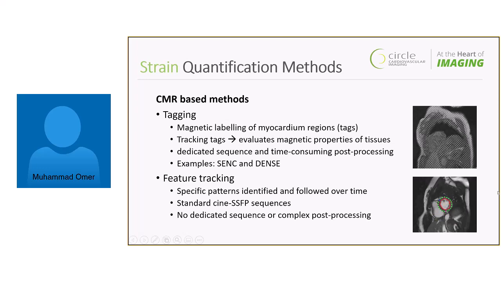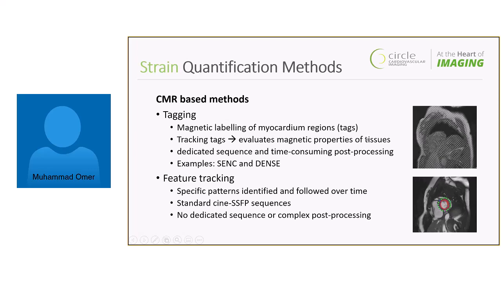In terms of the cardiac magnetic resonance-based methods, there are two types of techniques that quantify the myocardial contraction or deformation. One method that's a gold standard or reference standard is called tagging. On the right side, you see the tagging images, where we use magnetic labeling to form a grid in the imaging plane, and the intersection of those grid points are called tags.